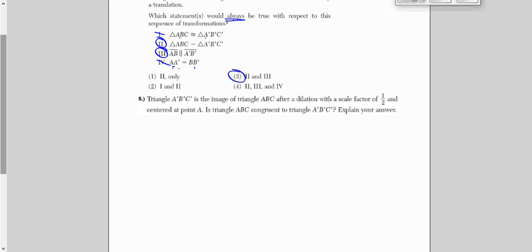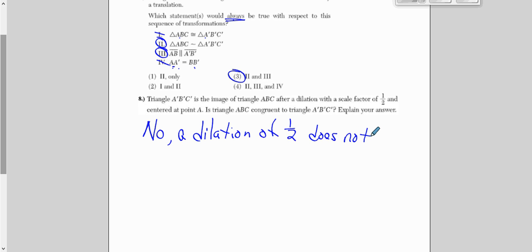Let's word it. And this is one you'll word in whatever way you're comfortable with, as long as you have certain elements in there, right? No. A dilation of 1/2 does not preserve side lengths. Okay.